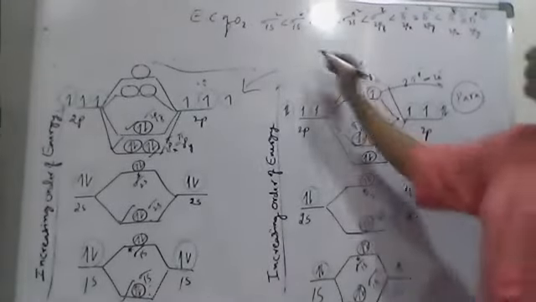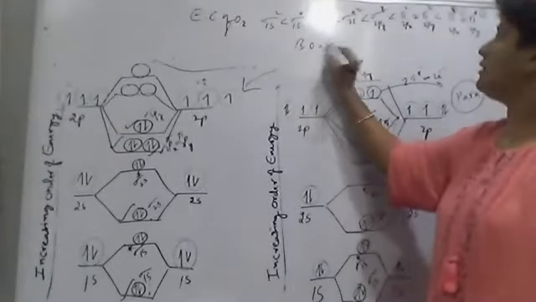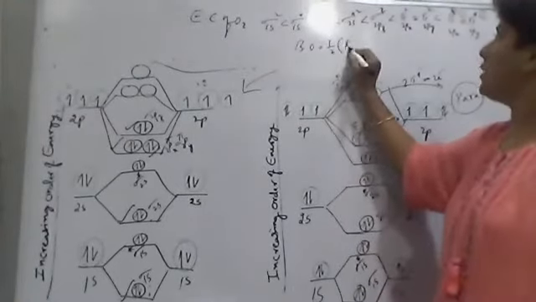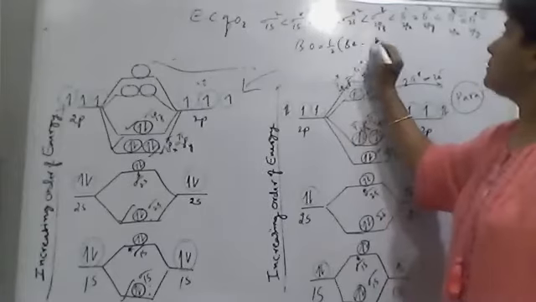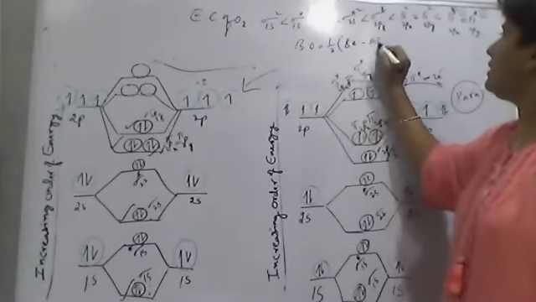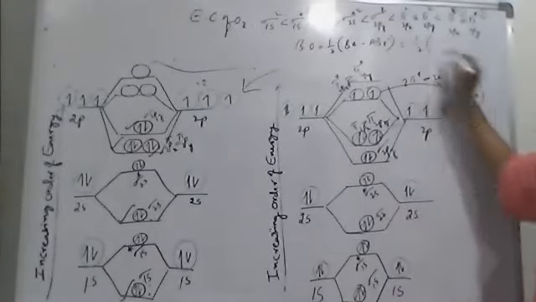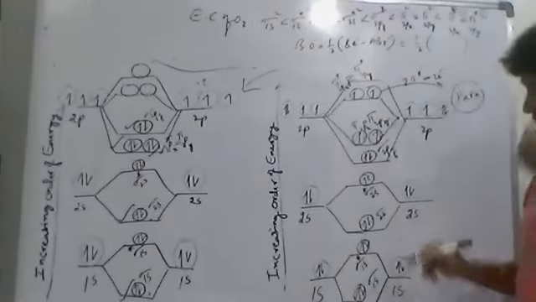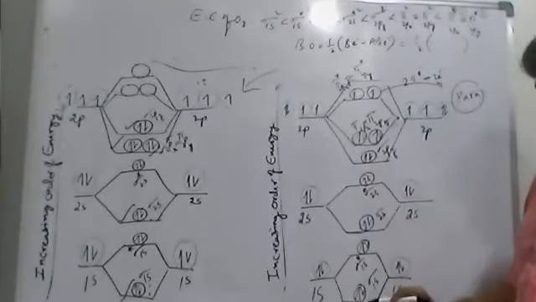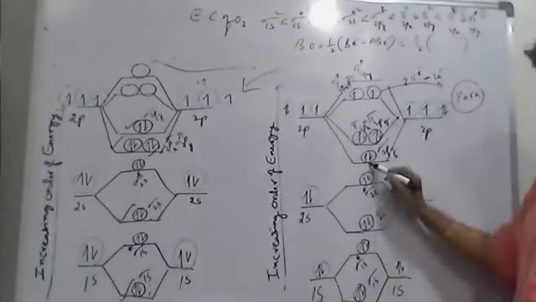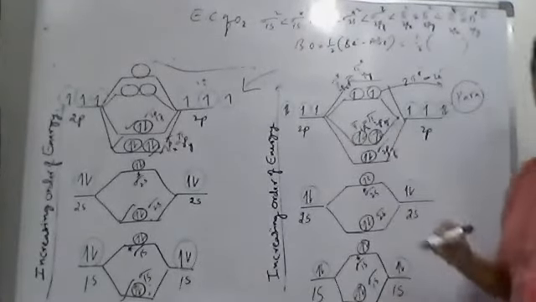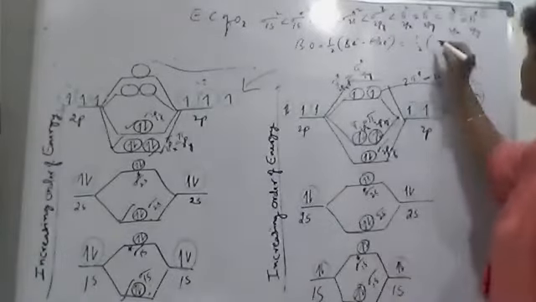The next is bond order. Bond order is half of the bonding electrons minus antibonding electrons. So how many bonding electrons? These lower orbitals are bonding: 1, 2, 3, 4, 5. So 5 orbitals with 2 electrons, 10.